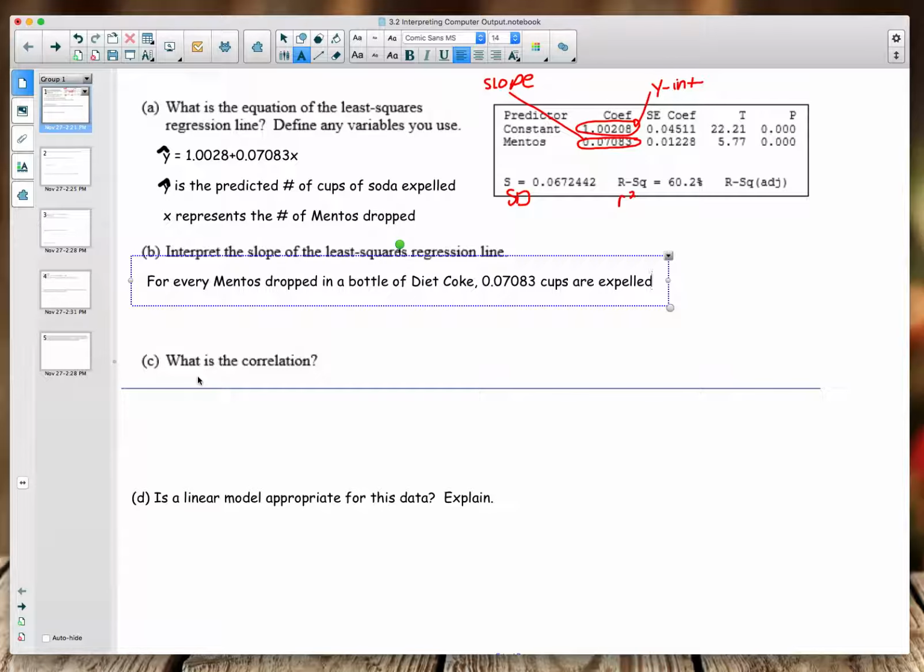Okay. Now, the next question is just asking what is the correlation. So remember, we talked about this in the last set of notes. Correlation comes from r squared. So we know that our r squared is 0.602 from that computer output, and I just rounded.